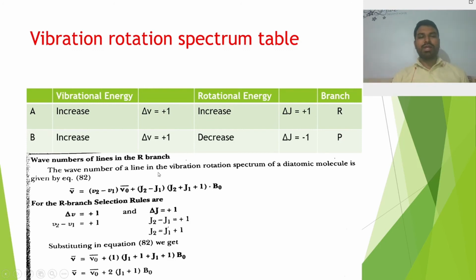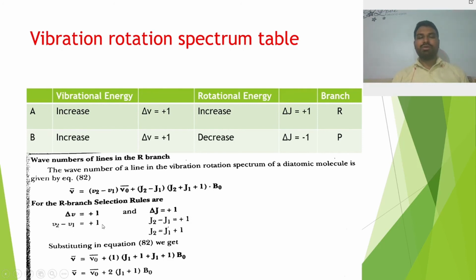The wave number of a line in the vibrational rotational spectrum of a diatomic molecule is given by ν bar equals (ν2 − ν1)ν0 bar + (J2 − J1)(J2 + J1 + 1)B0. For the R branch the selection rule will be delta ν plus 1 and delta J plus 1.